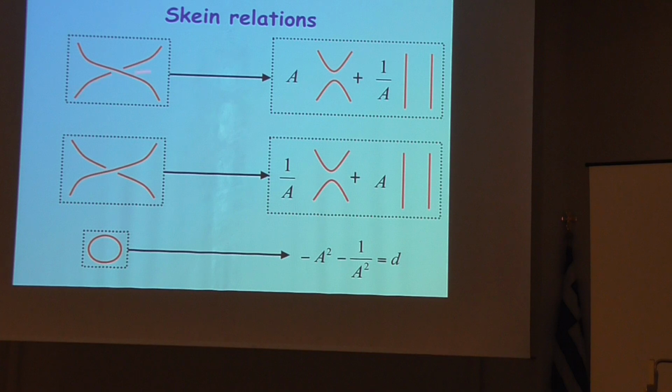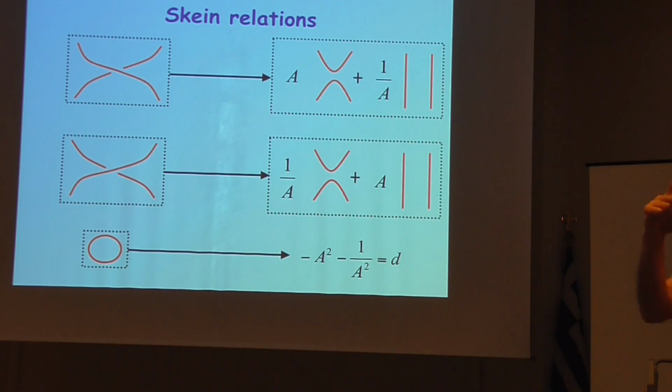If I have a crossing of this type, I undo the crossing with two parallel lines. So I go to the link, I remove this part, and I substitute two horizontal lines or two vertical lines, and I introduce a number, a, and 1 over a. And if I have a crossing of the other type, which is a 90-degree rotation of this one, then you just get a 90-degree rotation of this too.